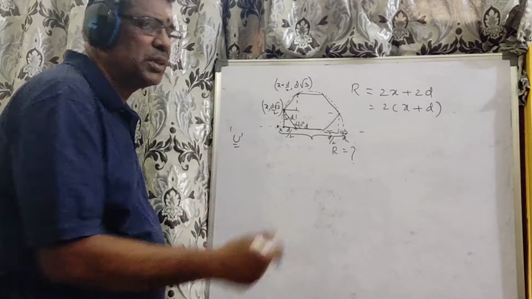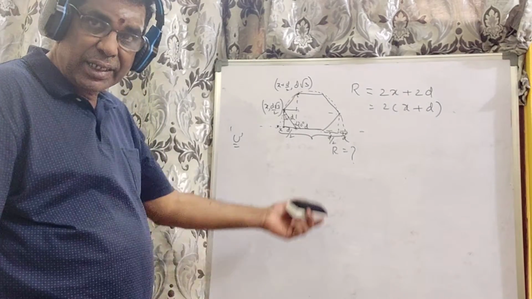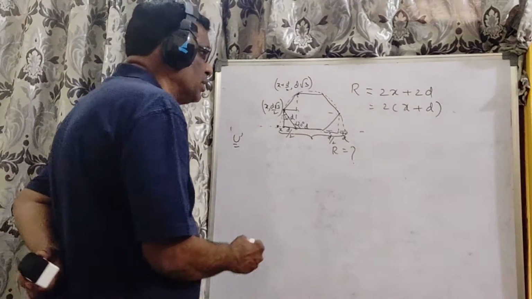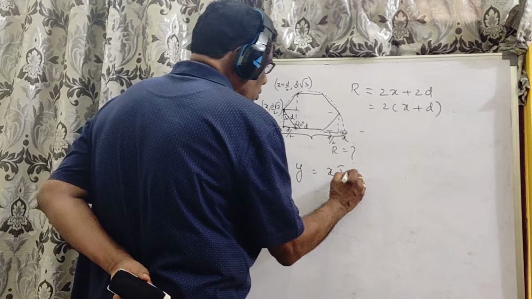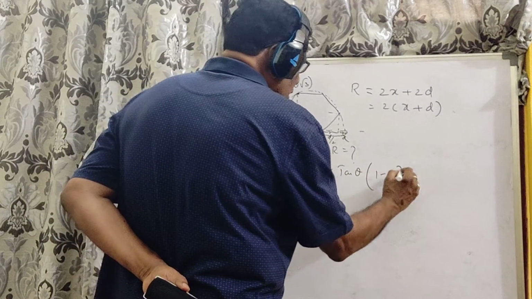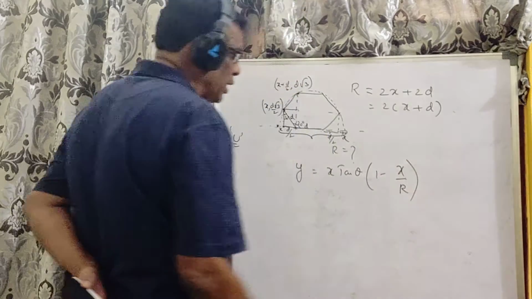So you can substitute in the expression that we have derived. I'll do that again for you. y is equal to x tan theta into 1 minus x by r.